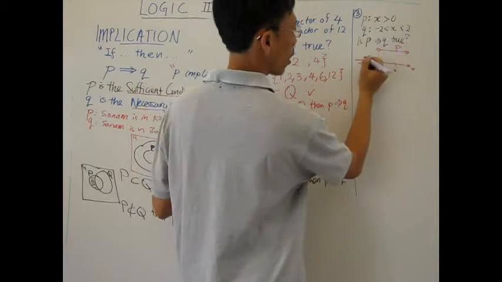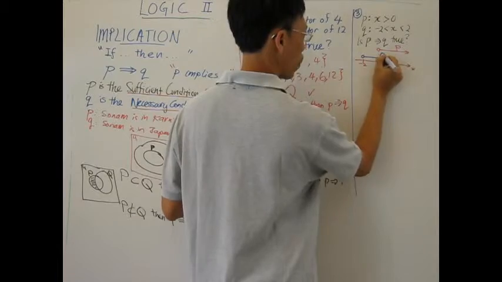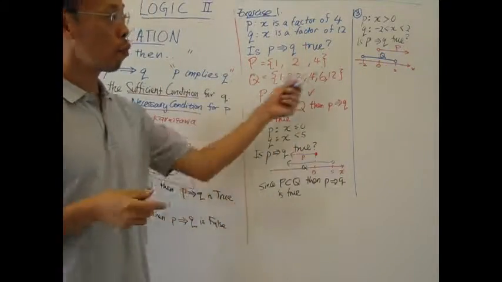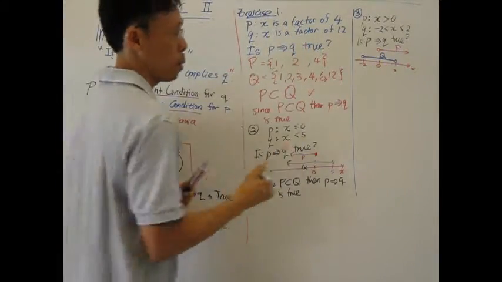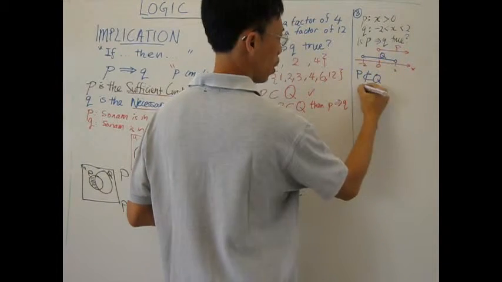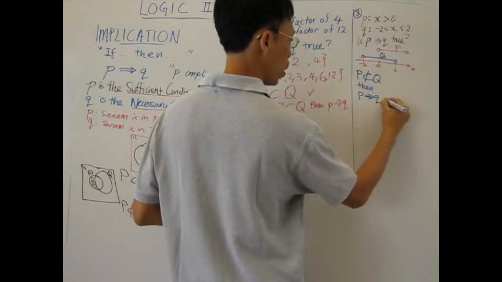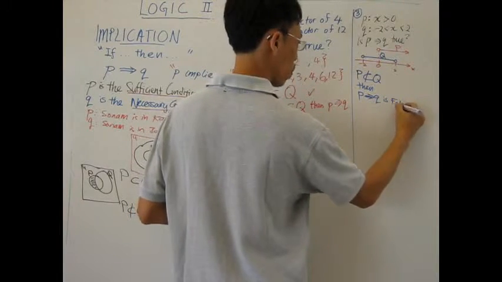And next, I have -2 to 2. This is my capital Q. From this diagram, it's obvious that P is not a subset of Q. Then we must conclude that P implies Q is false.